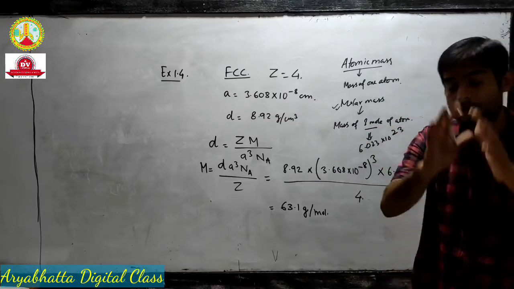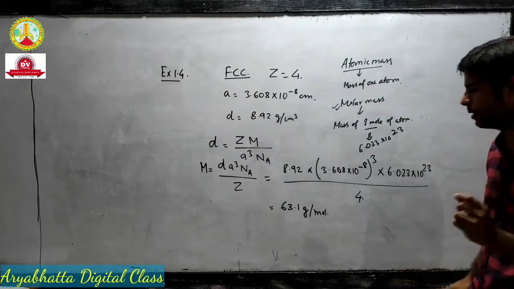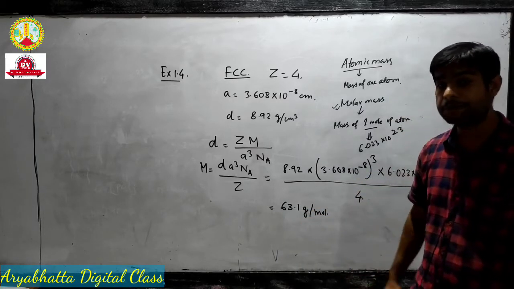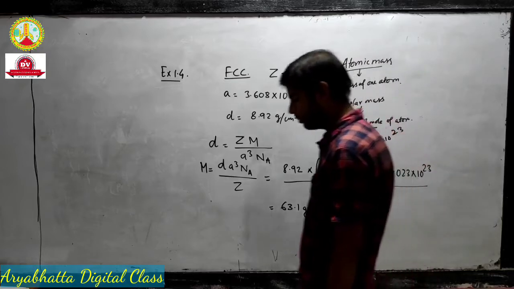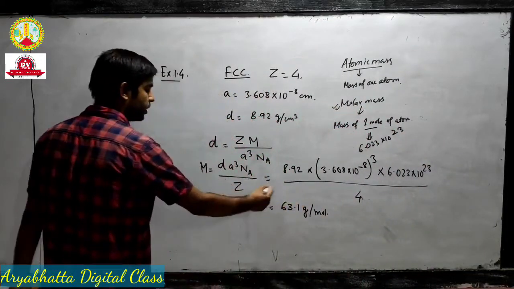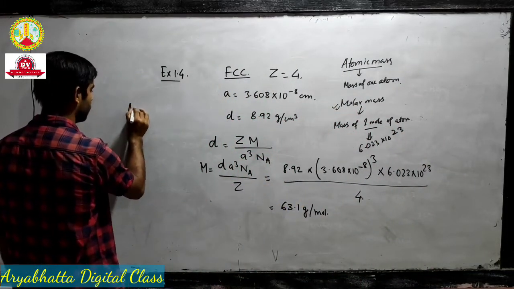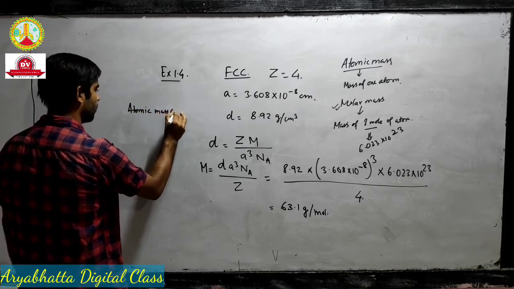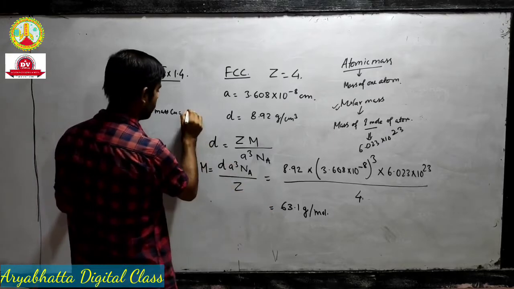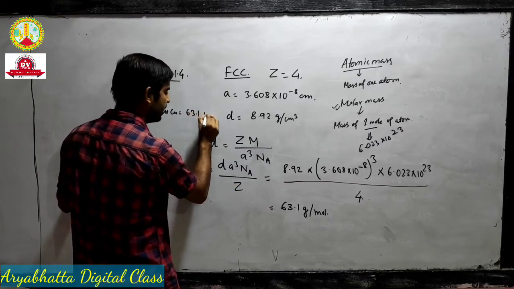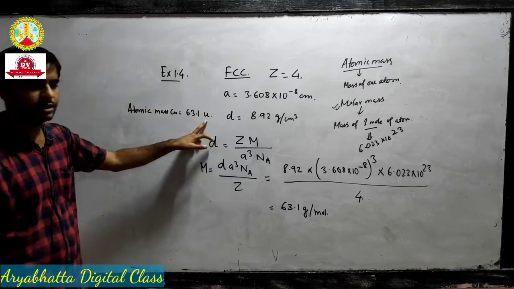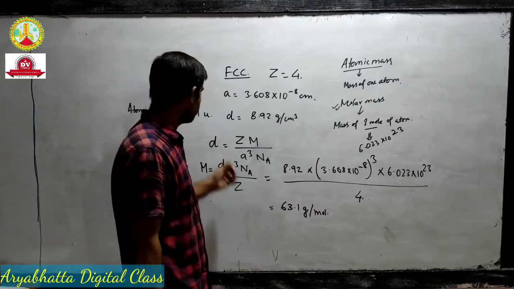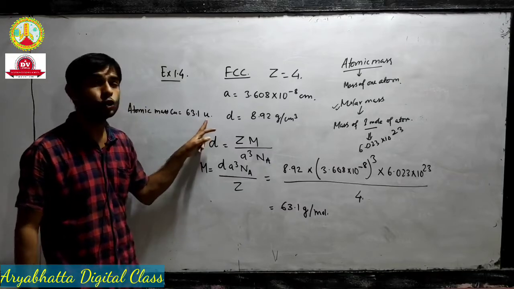If you take that many atoms together, the total mass you get is called the molar mass. We calculated the molar mass, but we needed the atomic mass. So if you write the same number in U, atomic mass units, then this is called atomic mass. So atomic mass will be 63.1 U.